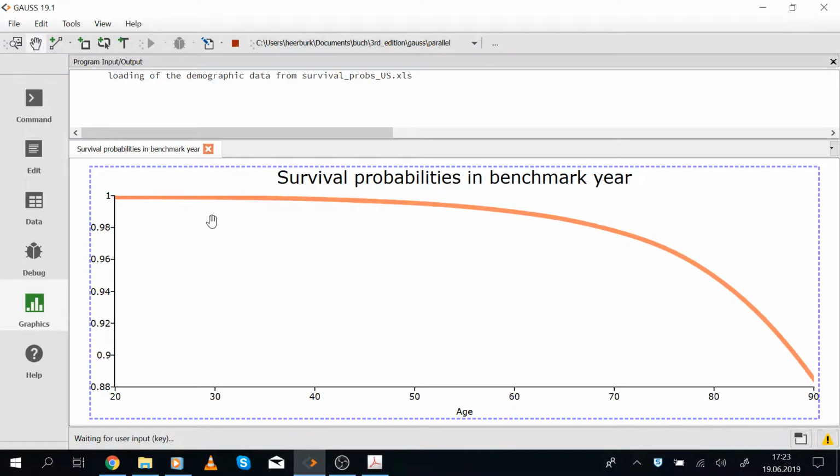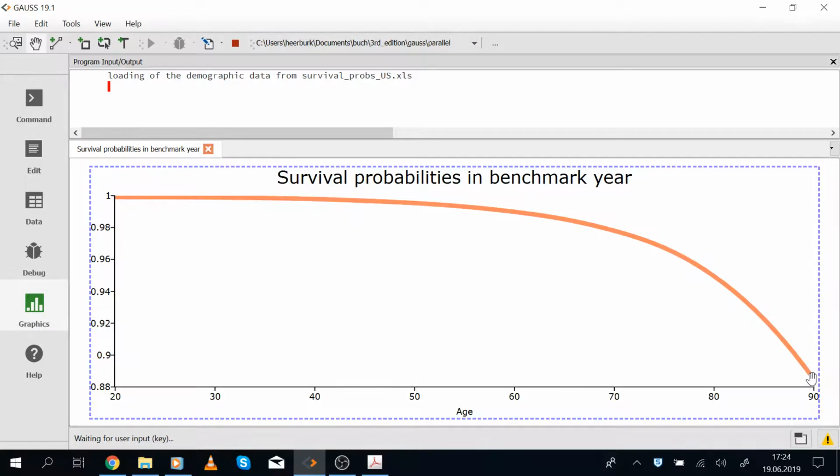We have chosen the year 2010. You can set it as you like. As you can see, survival probabilities decline with age. At age 20, the survival probability is almost 100%, and at age 88 it declines to 88%, and at age 89 you die for sure. So we have a 70 period overlapping generations model in the end.